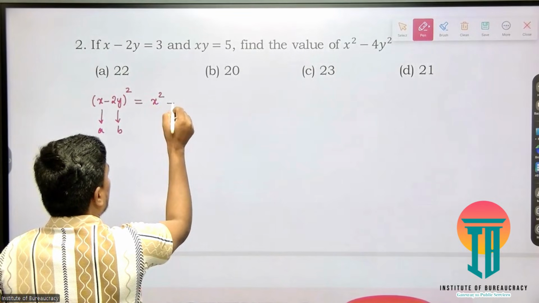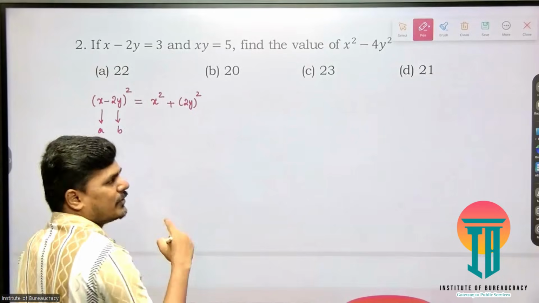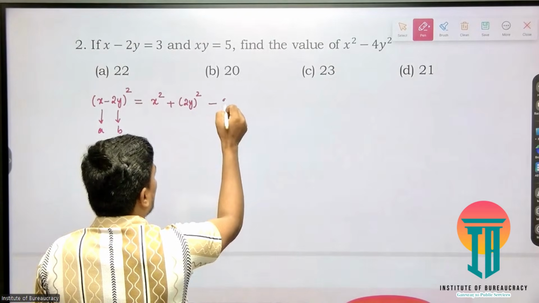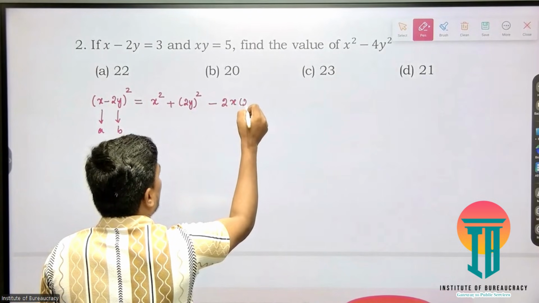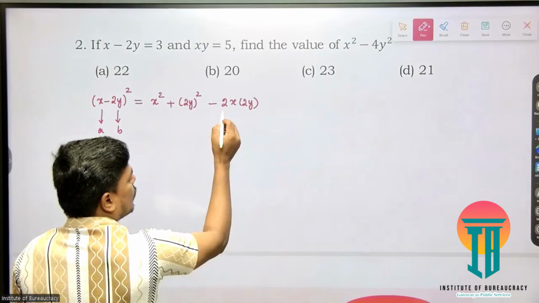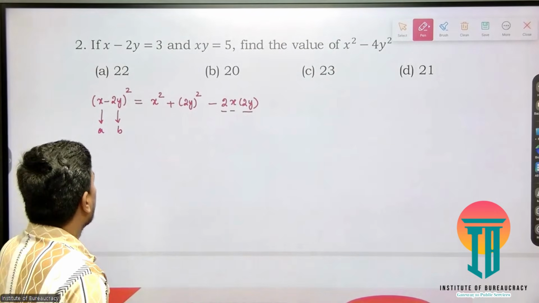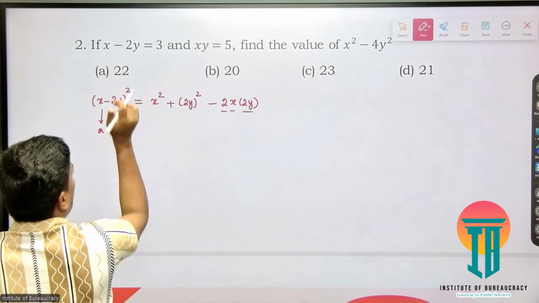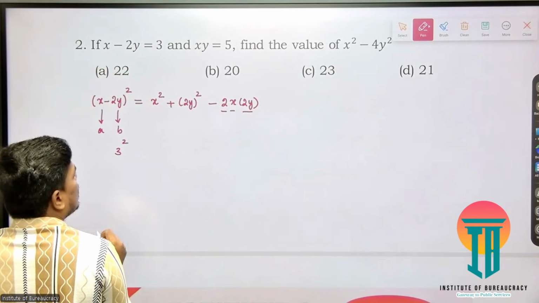Now if I expand using that identity, it is x square plus 2y the whole square, that is a square plus b square, minus 2 into ab. So it is going to be x into 2y, that is 2ab. So I have applied the formula. Now they have given that x minus 2y value is 3, so it's going to be 3 square.